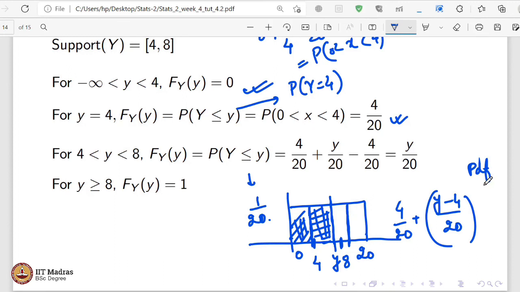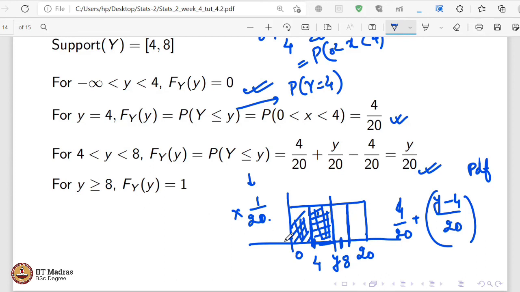We are calculating CDF, so that 4 upon 20 will be carried here also. Okay, so this is what, 4 upon 20 plus y minus 4, with this length multiplied with this, you can say height, 1 upon 20. So this is the probability we are getting. So 4 upon 20 will get cancelled, so we'll be having y upon 20, right?